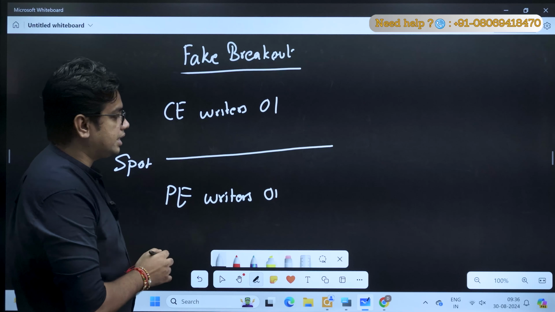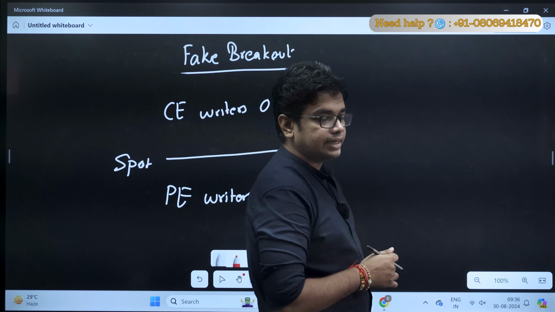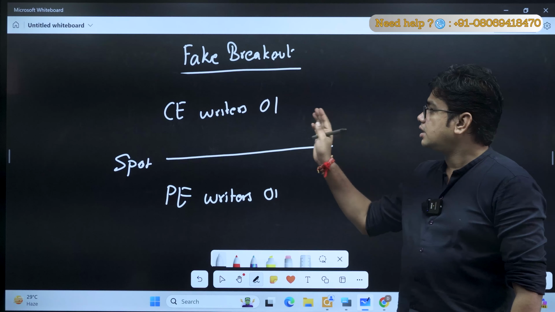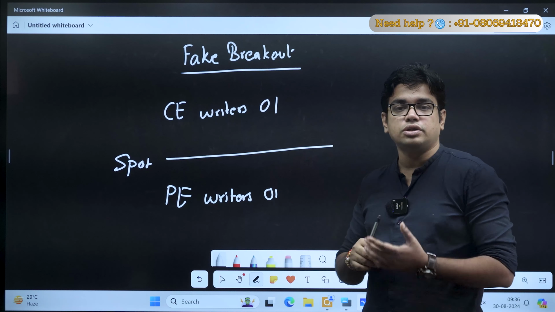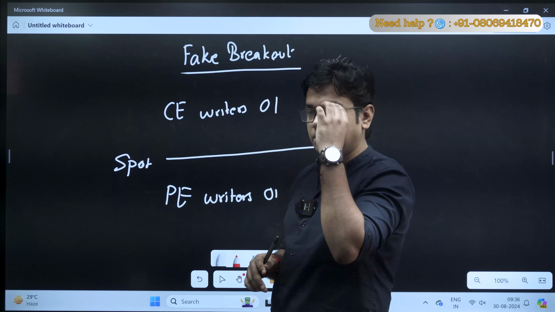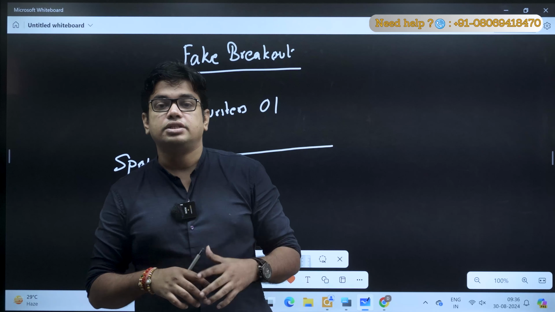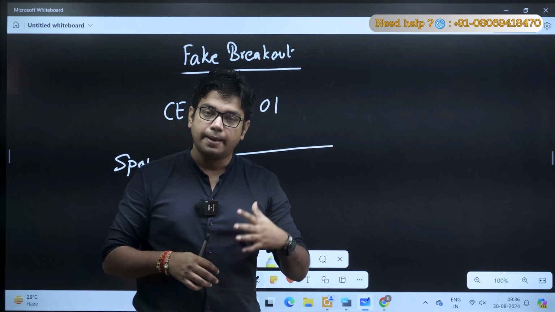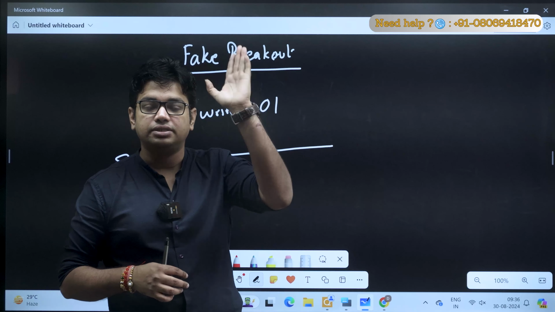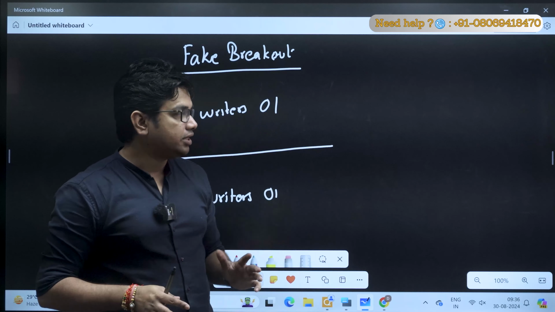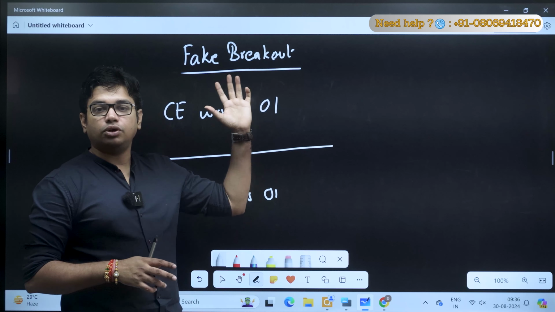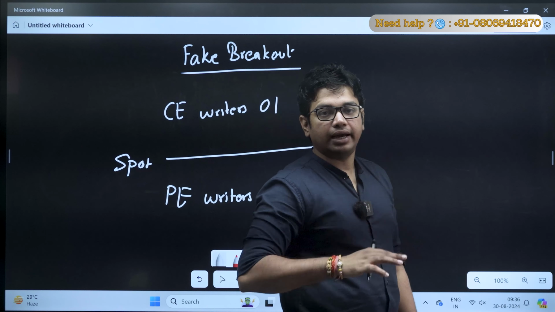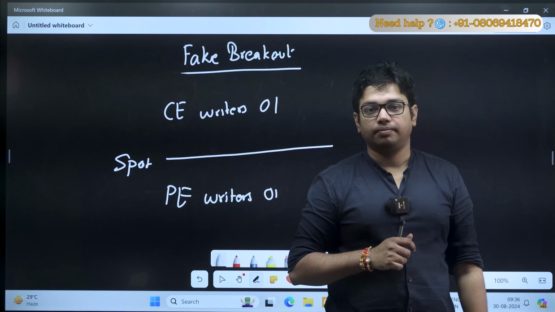Now what does this data indicate? The call writers are making positions on the OTM levels because they have a perception that this particular stock might not go beyond this level. So they write call options over that level, and they get the advantage of time decay in that particular option.